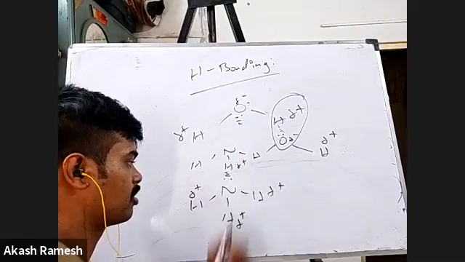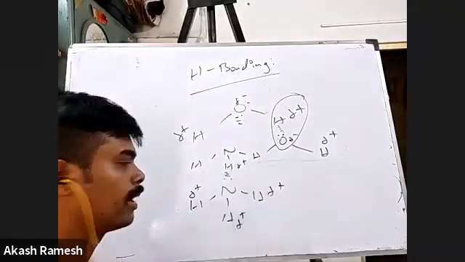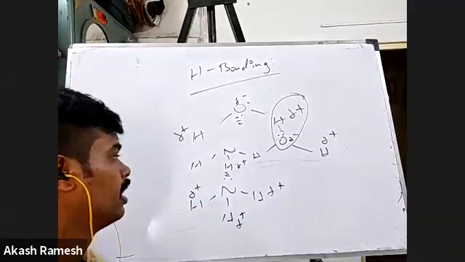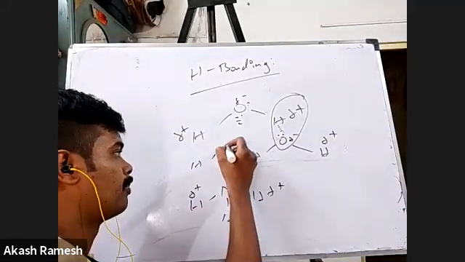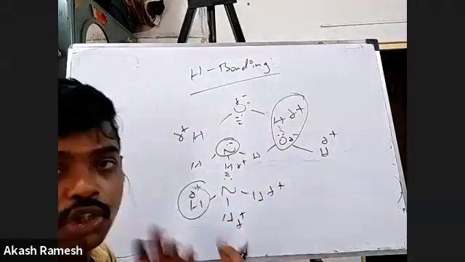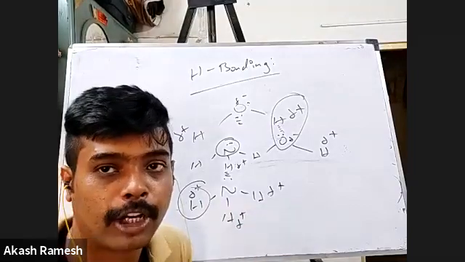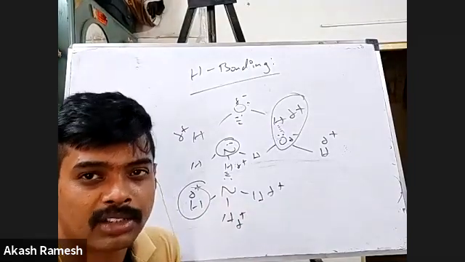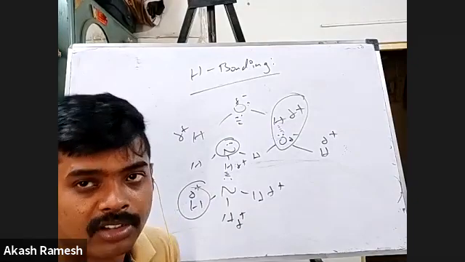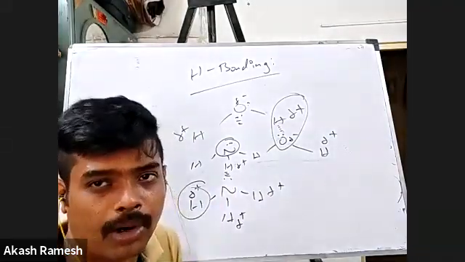I can have an interaction between this, that is this hydrogen and the lone pair on this nitrogen, right? Obviously, if I have a lone pair here, I can have an interaction between this and this. I'm not able to show it in a 3D way. So I hope you understand. It will be in 3D. Almost all of them would have been attached with each other with the help of hydrogen bonds. Okay, fine. So this is what is hydrogen bonding.